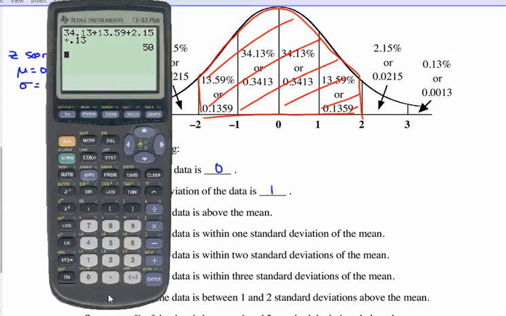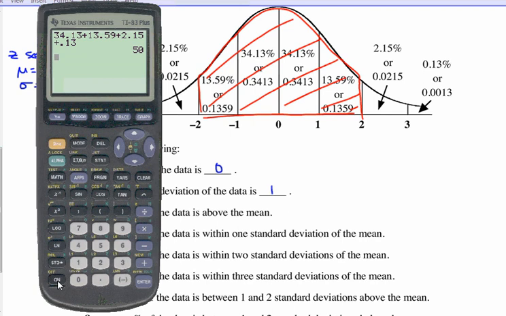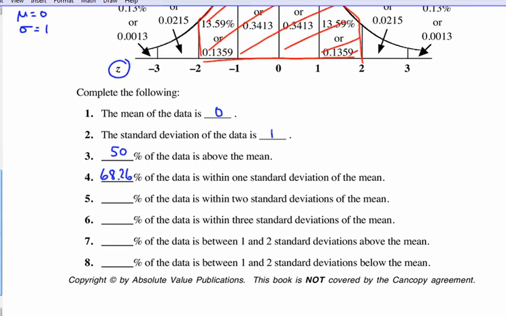So grabbing your calculator, we can add those percents together. 13.59, and there's two of those, plus 34.13, and there's two of those. So 95.44% of all your data will be within two standard deviations. So almost all your data.